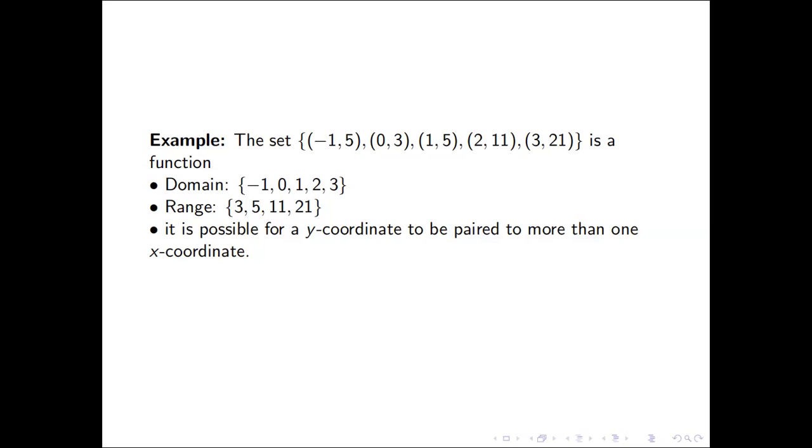For example, if you look at 5, this is a Y element, a Y coordinate, but notice that 5 is actually paired to more than one X element or X coordinate, negative 1 and 1. So negative 1 is paired to 5, 1 is also paired to 5, but still it is a function because no x coordinate has more than one y coordinate paired to it.